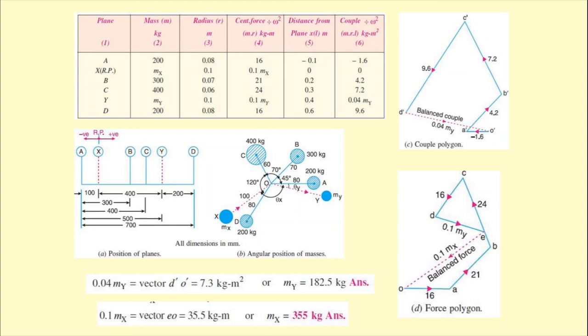Likewise, multiplying with the scaling factor, we can find the value of the unknown my. Accordingly, the my value is 182.5 kg, and we can also get mx by putting this value of my into the fourth column. Only one unknown, mx, will remain, and just like that, if we draw the force polygon, we can find the value of mx, and that is 355 kg.